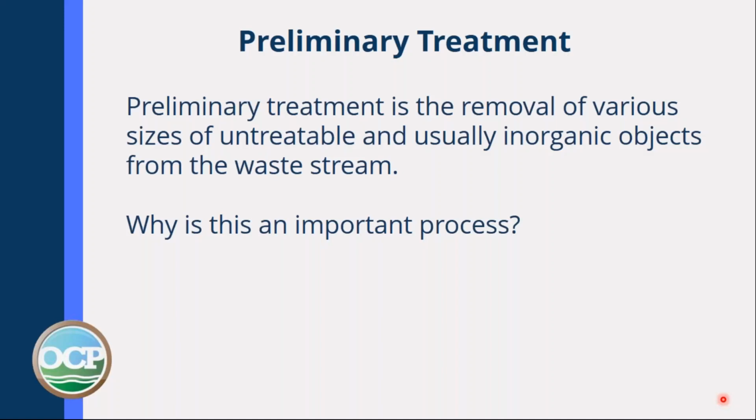The inorganic objects we might find might damage pumps and valves, or clog pumps and valves, and so if we can remove these before they get into the plant, it will operate much better.